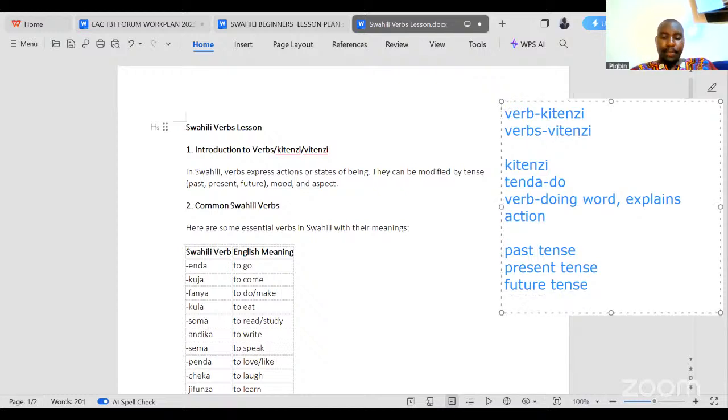Sometimes they can be in past or present perfect tense. Now, this is based on how your teacher taught you English.